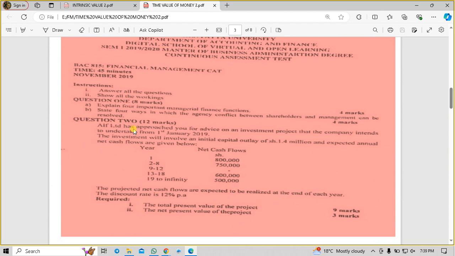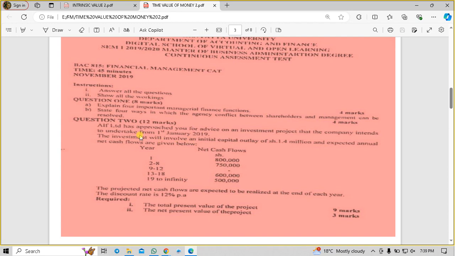So Alf Limited has approached you for advice on an investment project that the company intends to undertake from 1st January 2019. The investment will involve an initial capital of 1.4 million shillings, and expected annual net cash flows are given below.